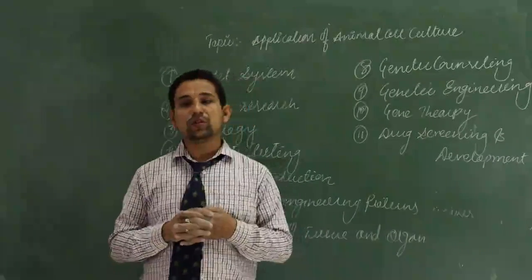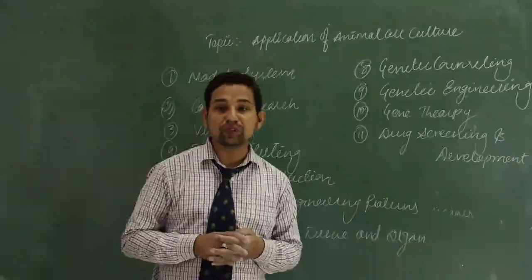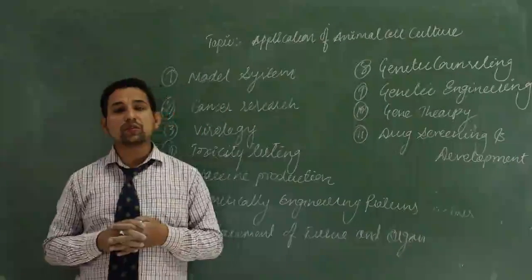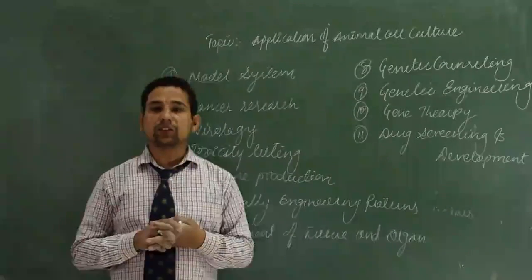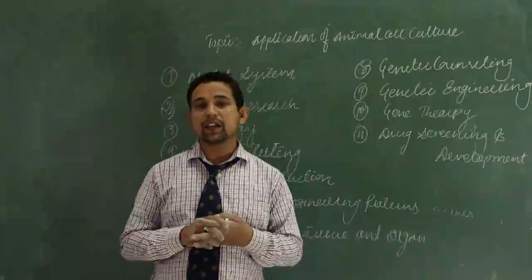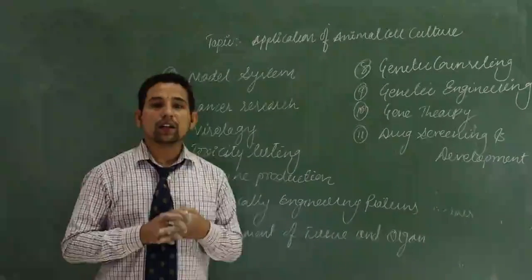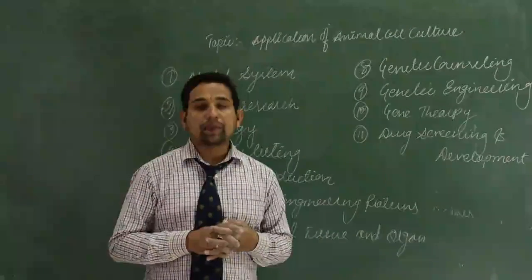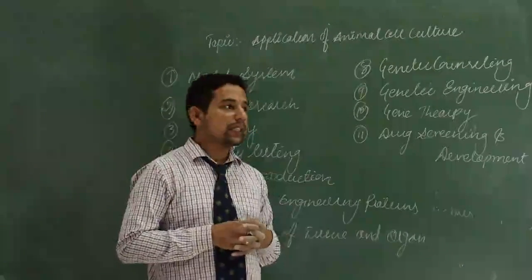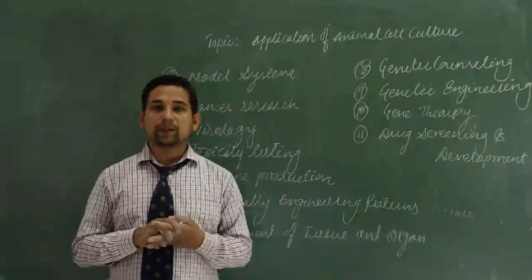This is also used to find out the effective and safe dosage form of new drugs. Tests are conducted on 384 and 1536 well plates. Cell-based assays play an important role in the pharmaceutical industry. So basically these are used in drug screening and development.